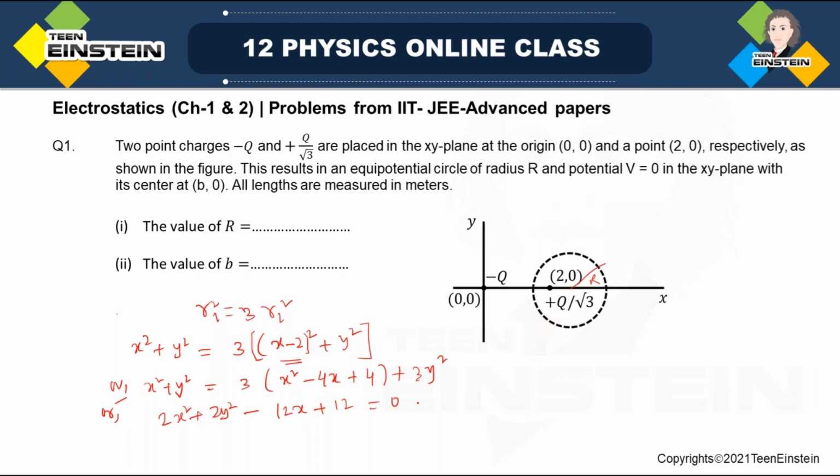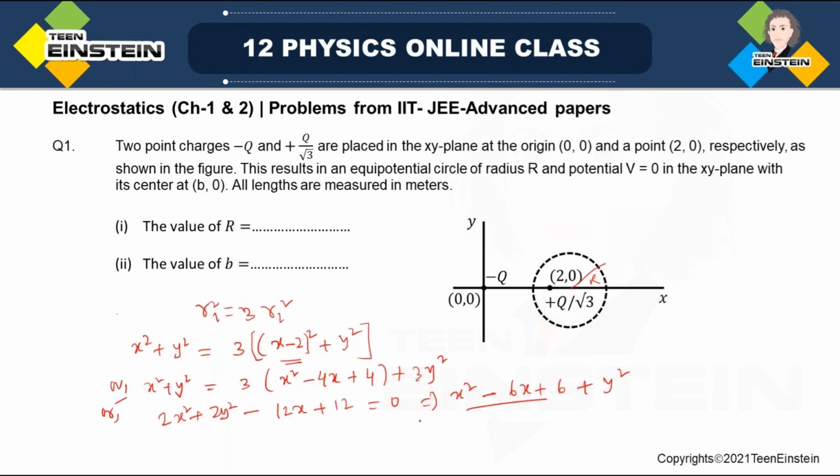Okay, so if we try to make 2y square anyway, we can just take common of 2, then we have this, minus 6 plus 6 plus y square.